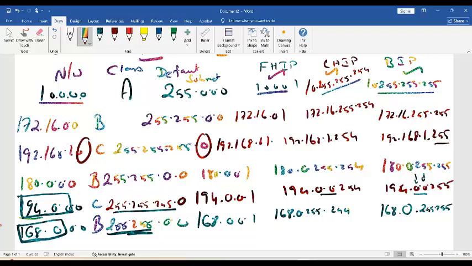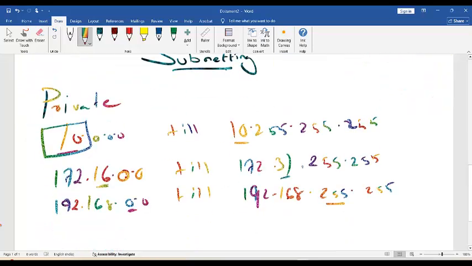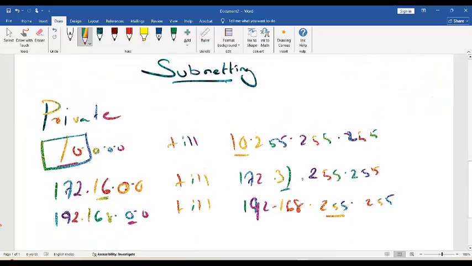Which means for each department, I will have one broadcast IP. And if I want to talk to everyone in the department, I need to send the traffic to the broadcast IP of that department. That's the advantage of subnetting. Subnetting helps to provide a dedicated range of addresses to each department.